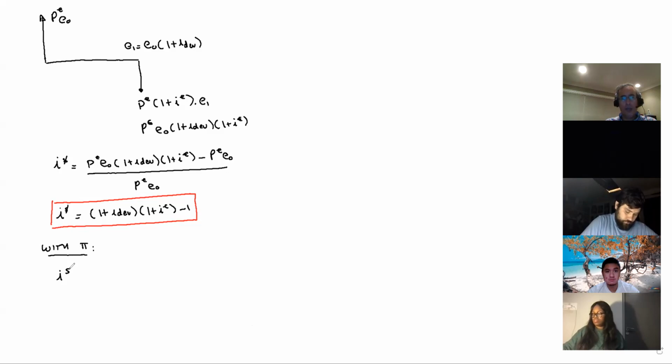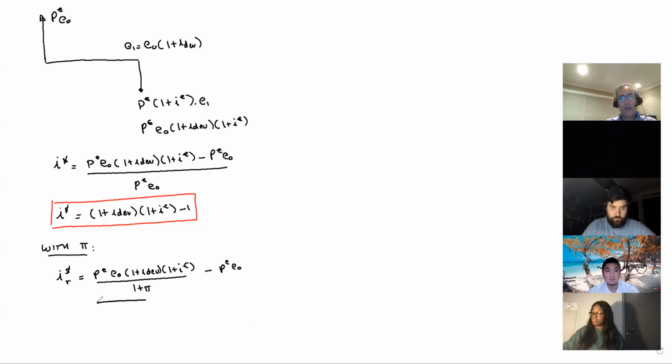So the interest in dollars, real, was going to be equal to P euro E0 times 1 plus depreciation times 1 plus interest in euros, this one divided by 1 plus pi, minus P euros E0 over P euros E0.